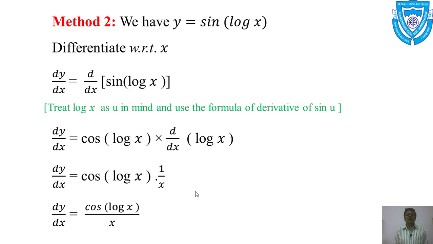So we write cos of log x into the derivative of log x. The derivative of log x is 1 upon x, and we get the answer. This method is simple as compared to method 1. So in the next problems, henceforth we will use method 2 only for solving the problems.